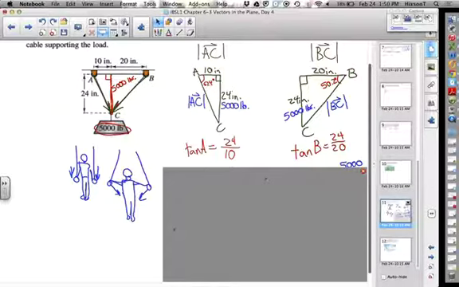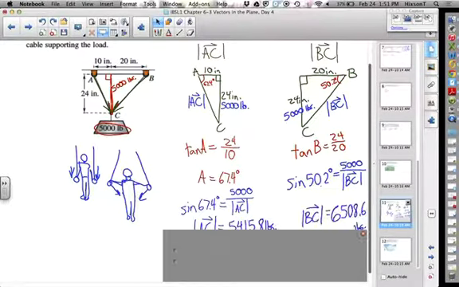Not tangent. Cosine. Sine. Sine of 67.4 would be 5,000 over the magnitude of AC. Over here, what would we use to find the magnitude of BC? The sine of 50.2. Okay?